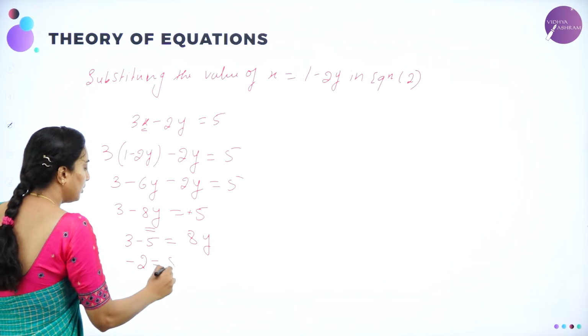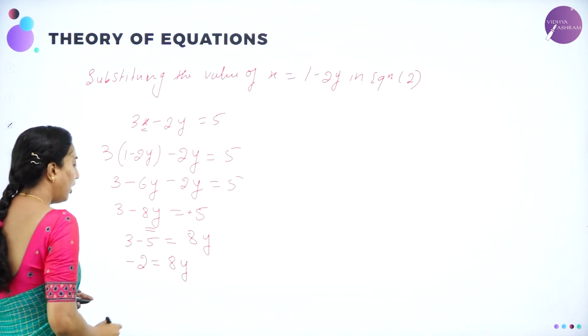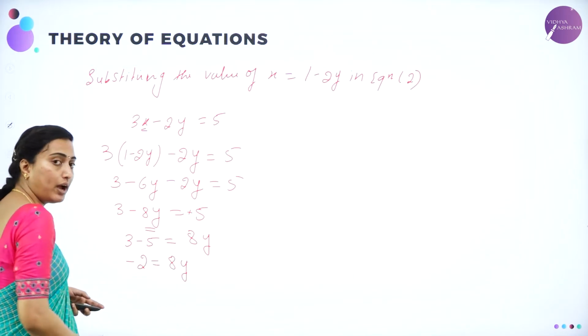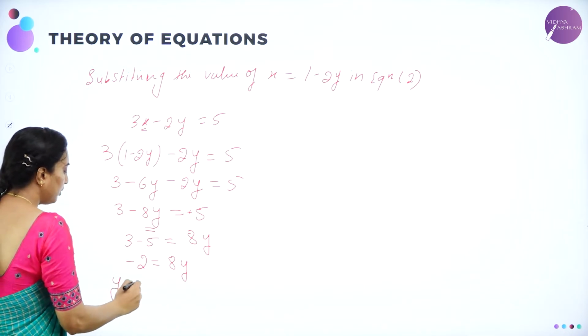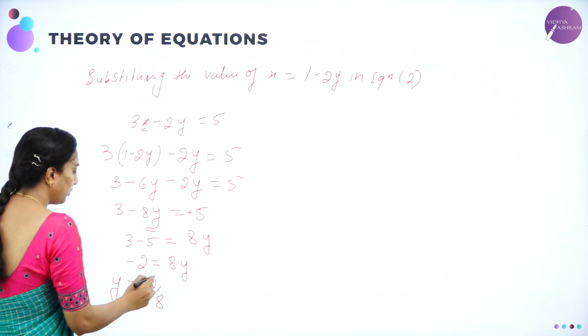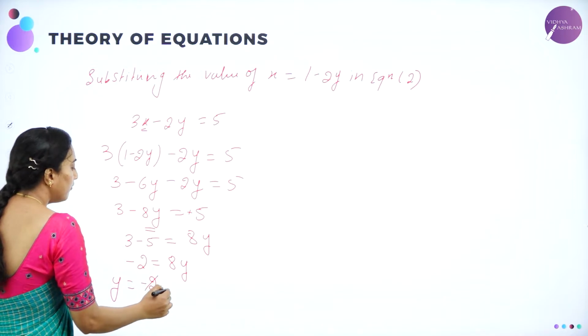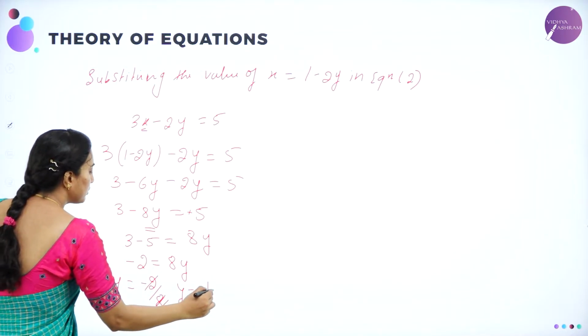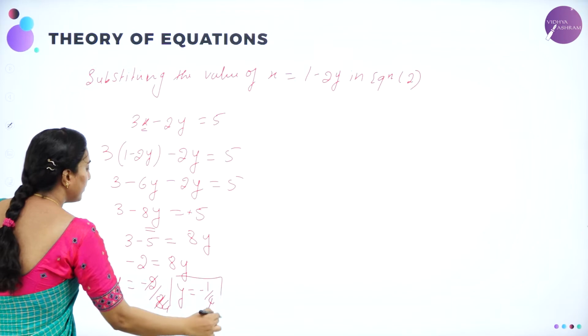Minus 2 is equal to 8y, or you can divide by 8 because I want y. So y will be is equal to minus 2 by 8. Otherwise, 2 ones are 2, 2 fours are 8. y will be is equal to minus 1 by 4. This is the value of y.